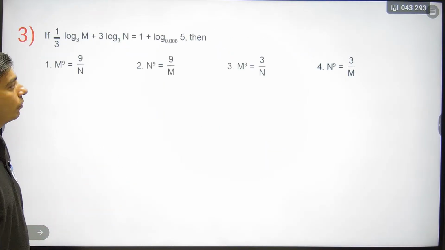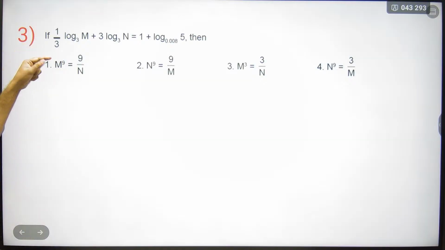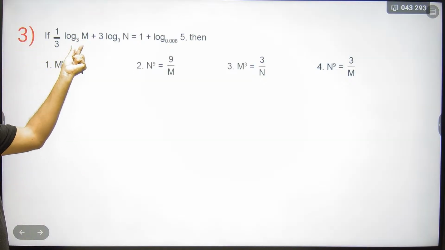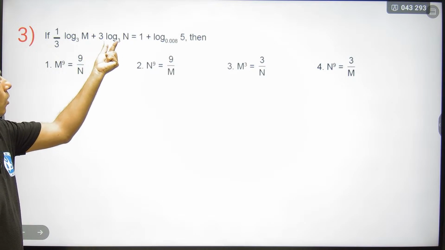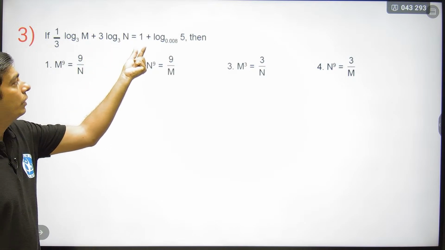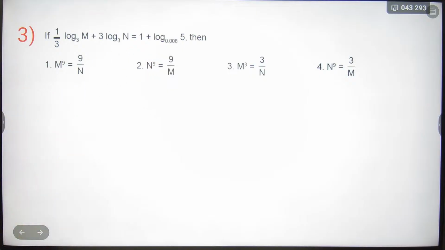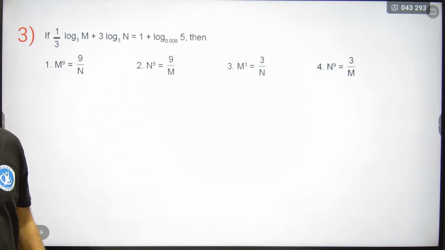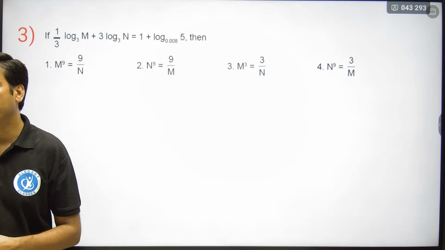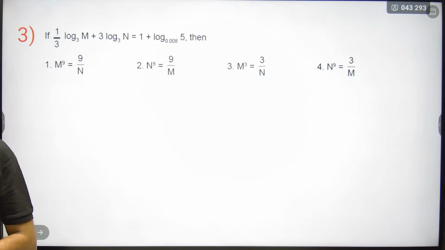Again a question of log. 1 by 3 times log m to the base 3 plus 3 times log n to the base 3 is equal to 1 plus log 5 to the base 0.008. Then which of the following options is true?